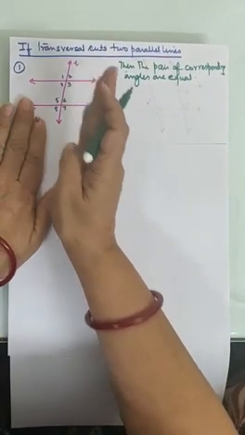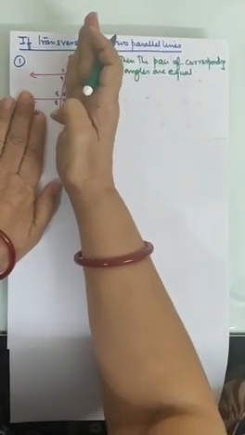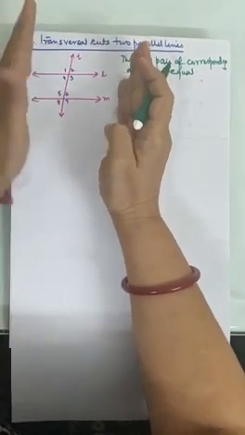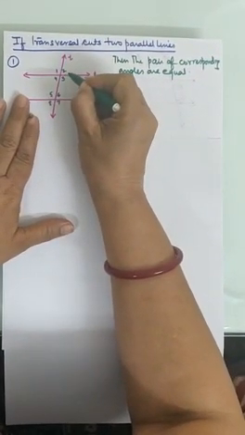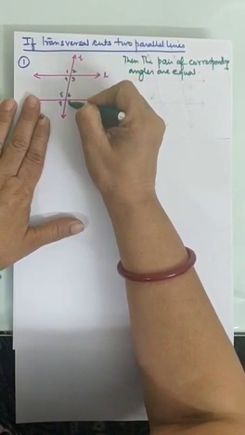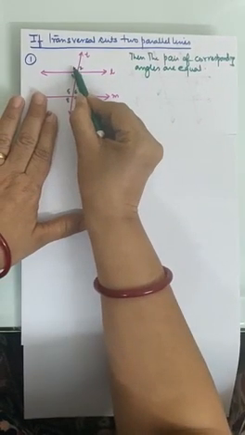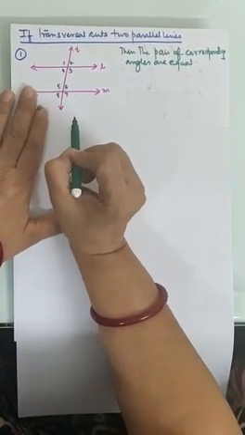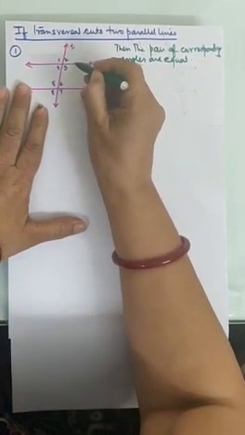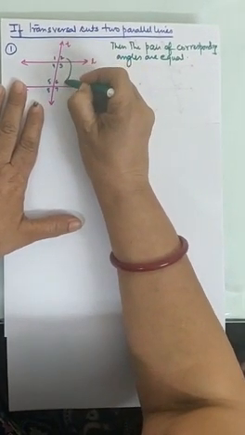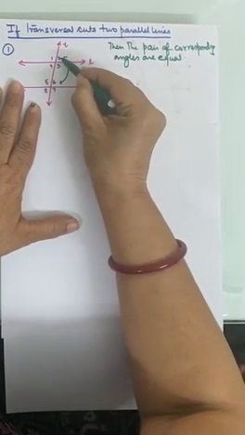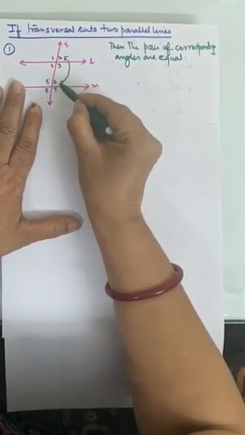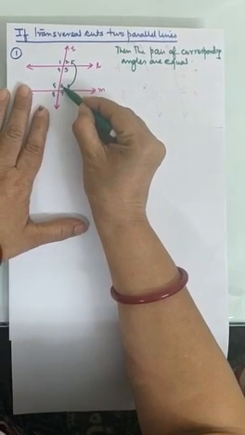Corresponding angles lie on the same side of the transversal. So here 2, 3, 6, 7 are on one side, and on the other side 1, 4, 5, 8 are there. So what is a pair of corresponding angles? Angle 2 and angle 6. This is an exterior angle, this is an interior angle.